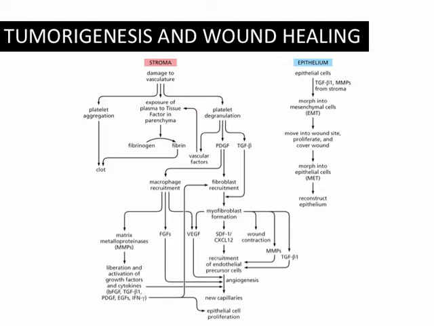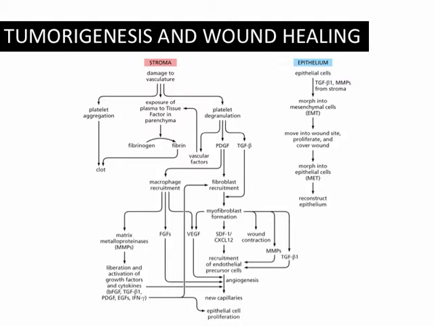And so you create an EMT, you get proliferation and you get crawling into the wound site, and then you get the reversal of the EMT, the MET, which you talked about in that paper. So the cells go from being mesenchymal when they crawl in to cover the wound to going back to being an epithelial cell type. And part of that is cellular proliferation, and you basically reconstruct the epithelium.